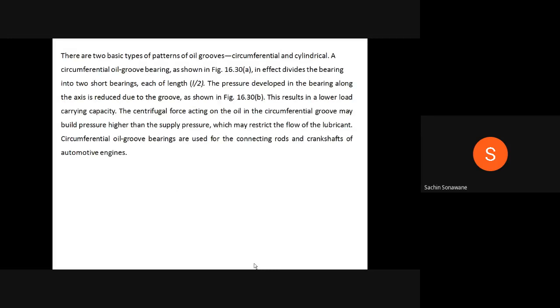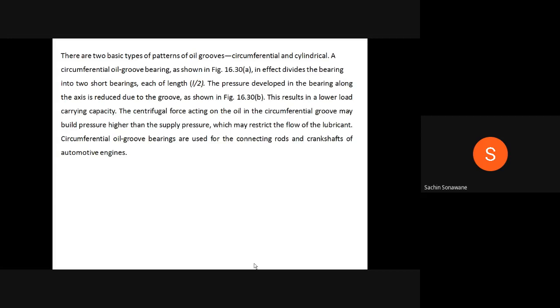There are two basic types of patterns of oil grooves, circumferential and cylindrical. A circumferential oil groove bearing, as shown in figure A, in effect divides the bearing into two short bearings each of length L by 2. The pressure developed in the bearing along the axis is reduced due to the groove as shown in figure B. This results in a lower load carrying capacity.